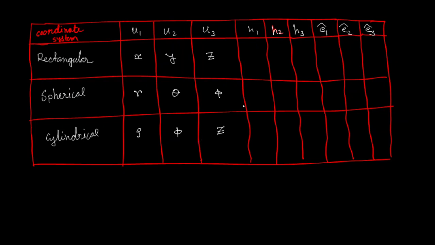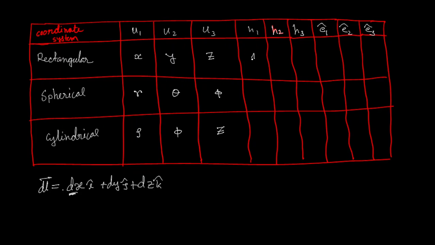Okay. Now what is h1, h2, h3? You remember that when we write this elementary length in rectangular coordinate system, what we have written there, dx i cap, dy j cap, and then dz k cap. So here this h1 is the coefficient of this dx. So x component of elementary length is dx, and the coefficient of dx is in this case 1.